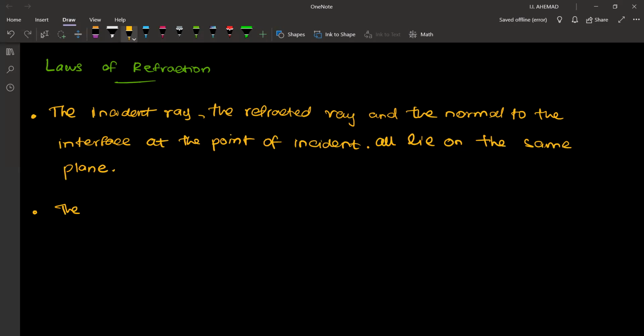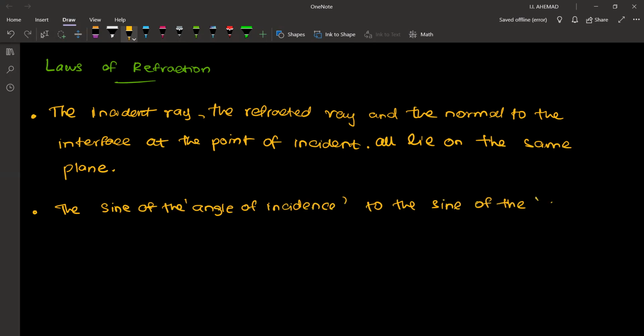the sine of the angle of incidence to the sine of the angle of refraction is a constant.